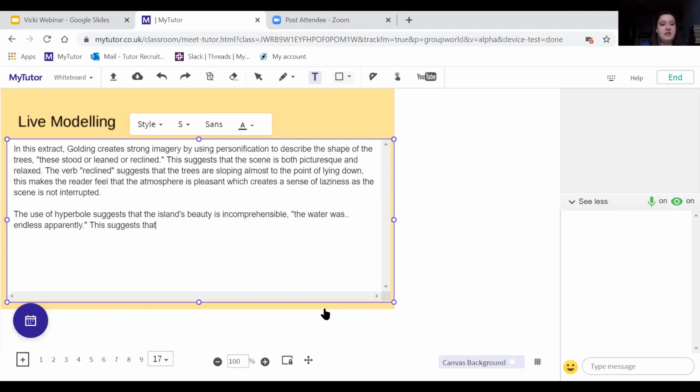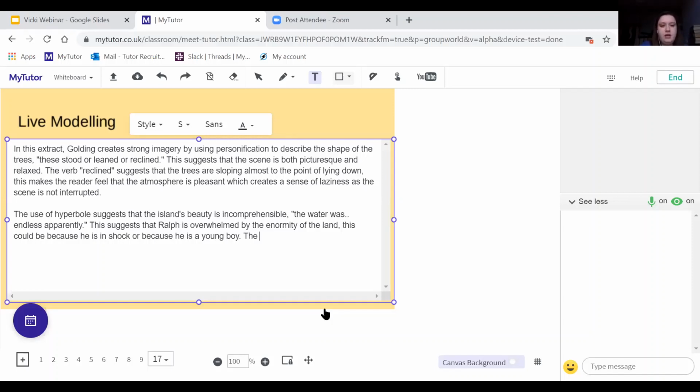So this suggests that Ralph is overwhelmed by the enormity of the land. This could be because he is in shock, or because he is a young boy. So I'm giving possible alternative interpretations there.